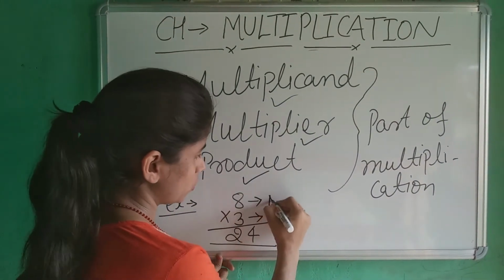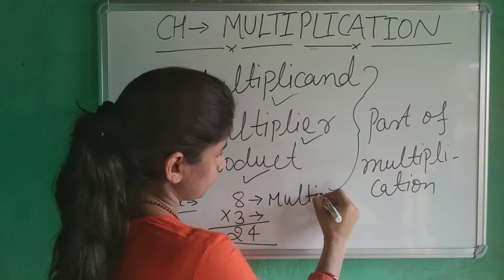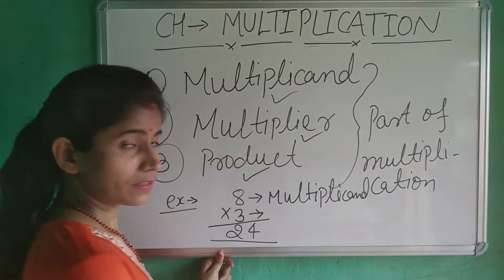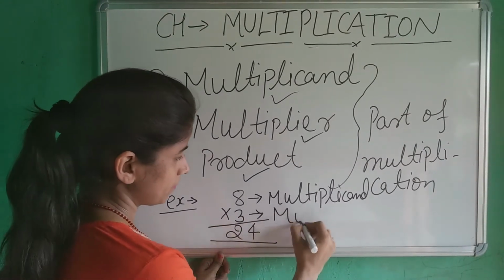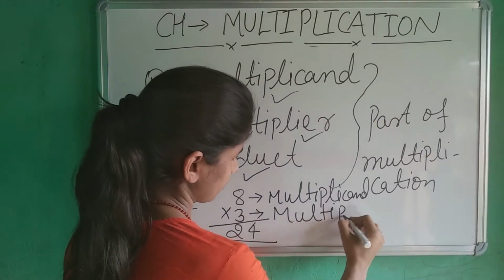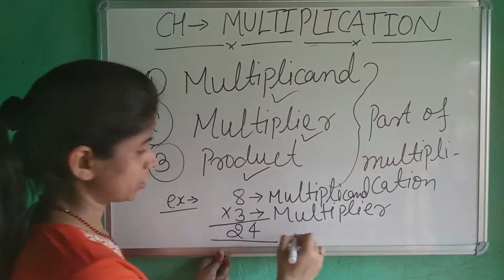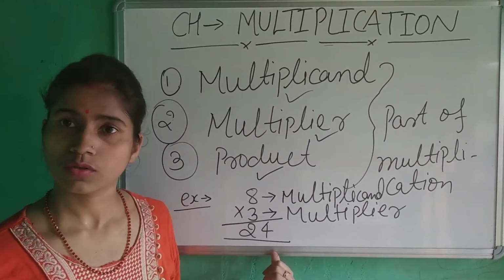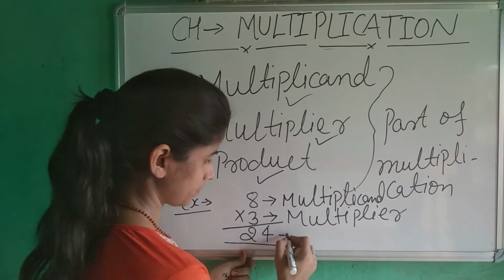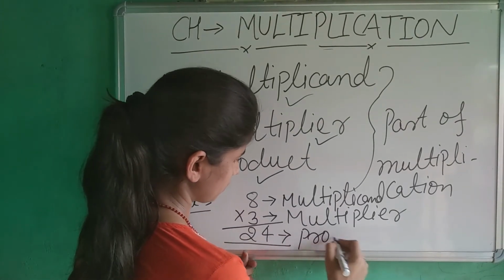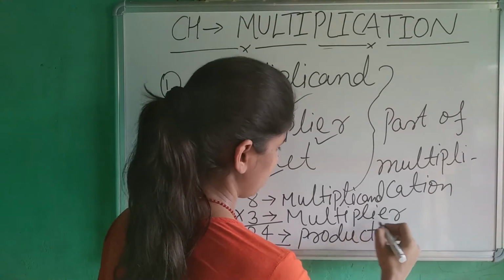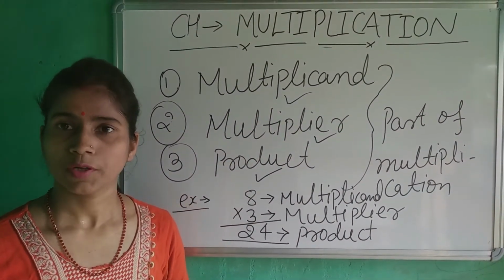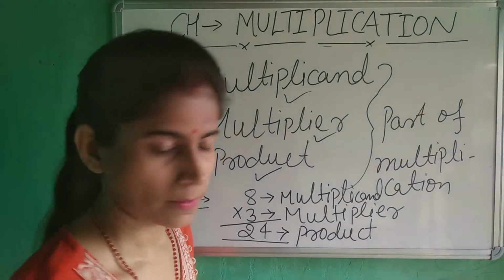So 8 is the multiplicand, and 3 is the multiplier, and what is 24? The answer you get after multiplication is called the product. Understood till here? Now let's move to the properties of multiplication.